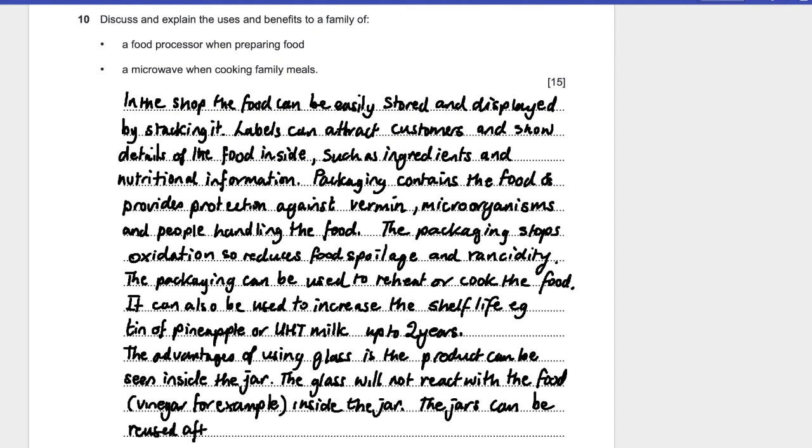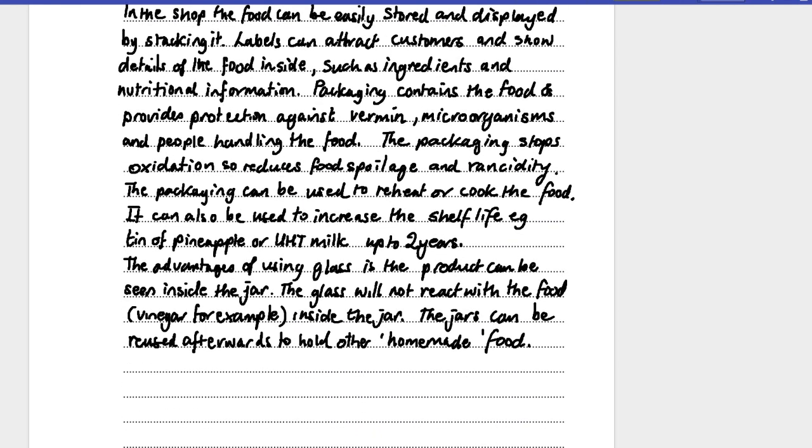Another useful point about jars and glass packaging is that it is great for recycling at home. So once you have finished your jar of strawberry jam, the jar can be washed out, sterilized again, and then reused to hold other homemade food.